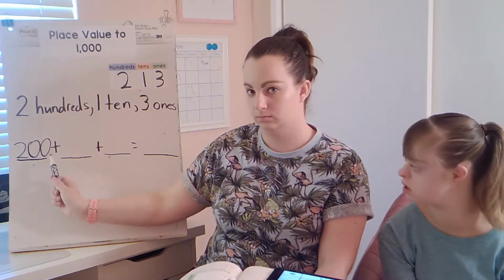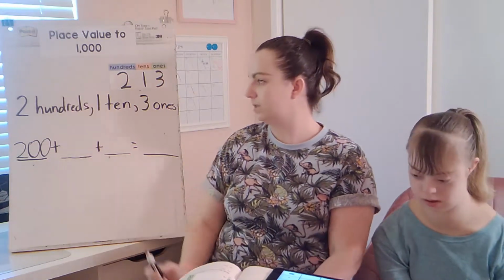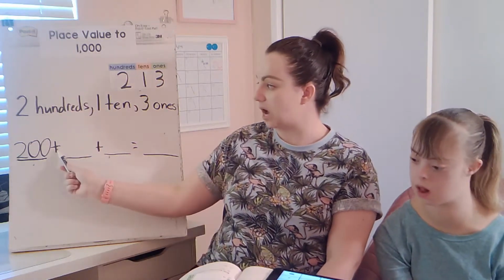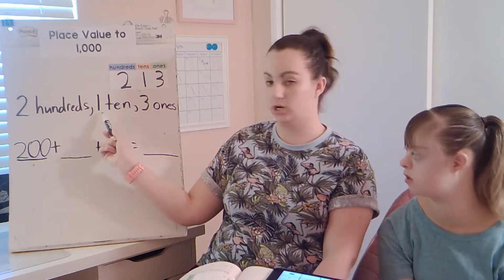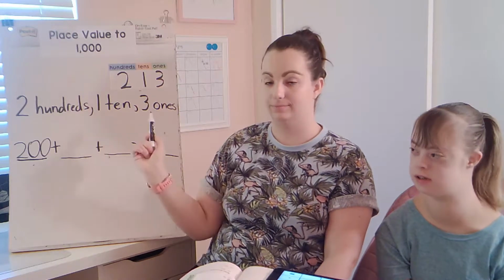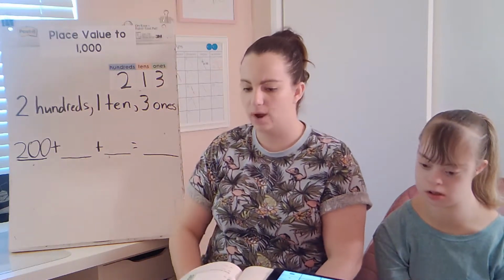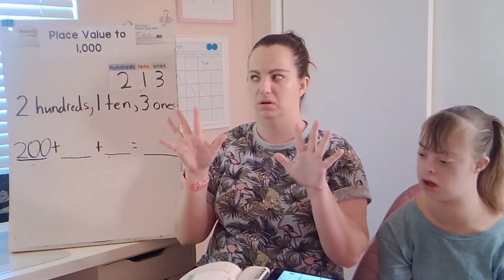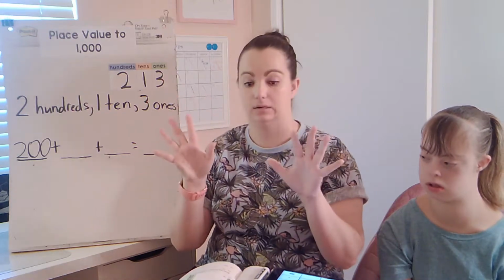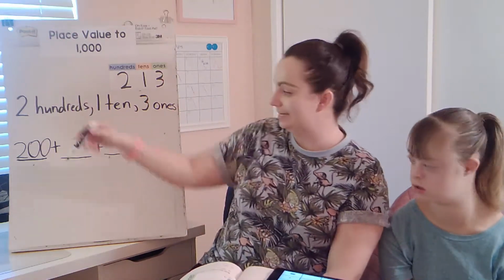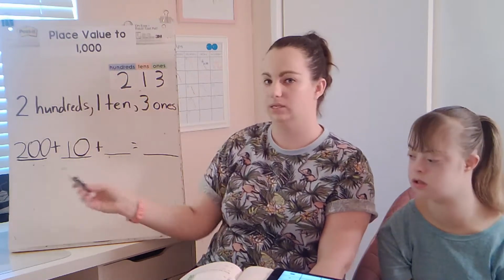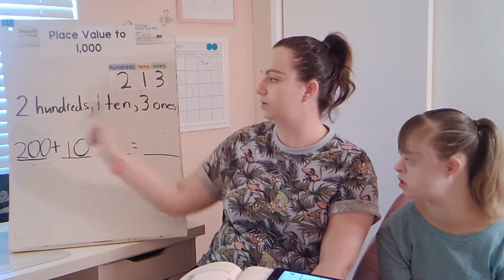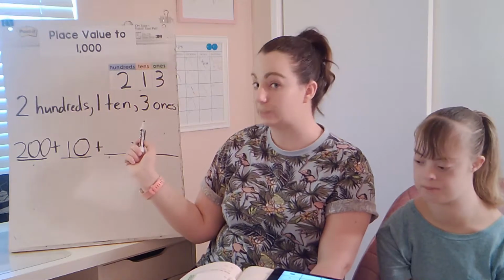Then, plus, how many tens do I have here? 1. So if I have 1 ten, that's 10. So I would write 10 here. See? We're going down the number, across the number in expanded form.